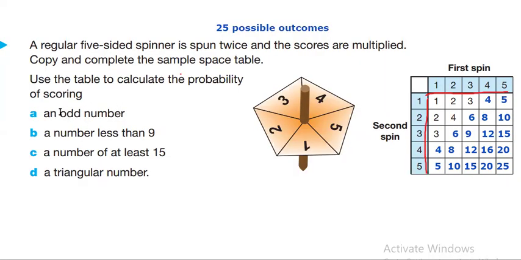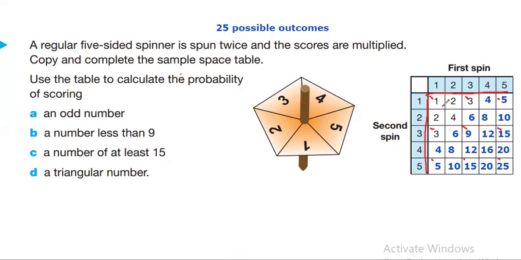Now, first we need the probability of an odd number. So let's look at the odd numbers. Odd numbers start with 1, and then 3, and then 5. Focus on odd numbers. All of these are even. This is odd, odd, odd. Even, even, even, even. Odd, odd, odd.